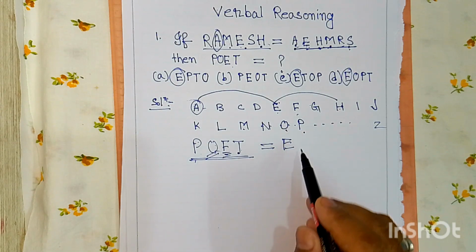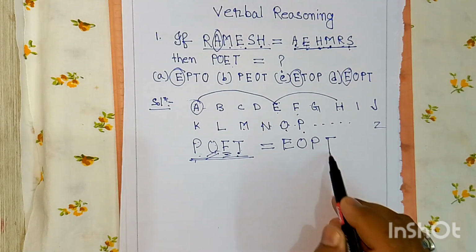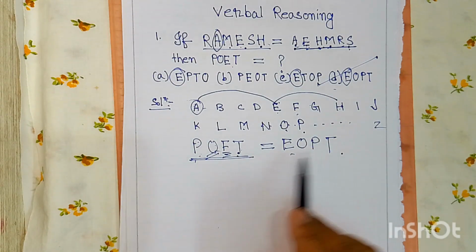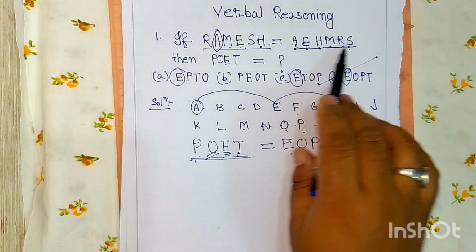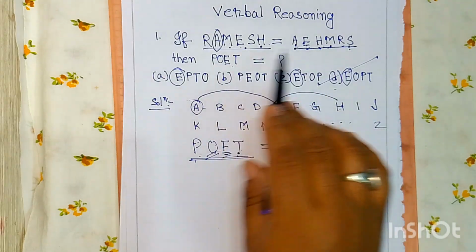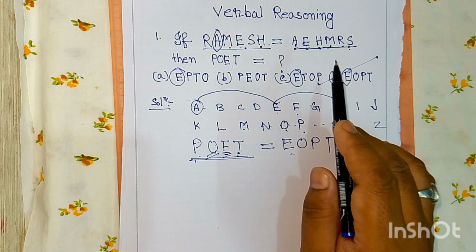After O it is P, and definitely T is here. E, O, P, T. So option D is correct. It maintains the dictionary order and has no other alphabets. So please try to learn these questions.